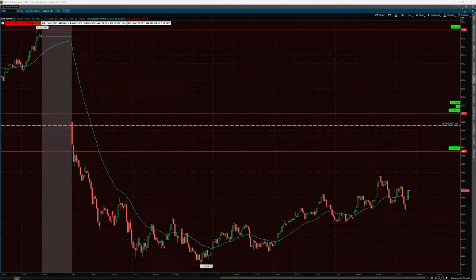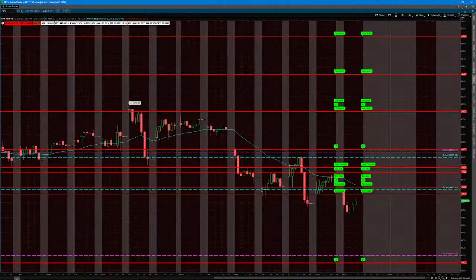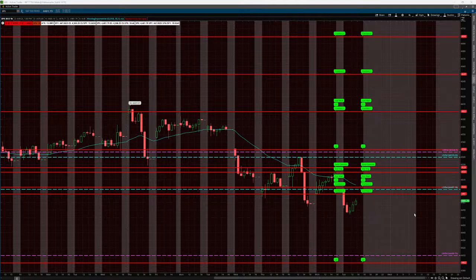And one other thing that I should point out on the larger time frame here, note the large gap in gamma levels from actually this 4,500 combo L5 level all the way down to 4,400.